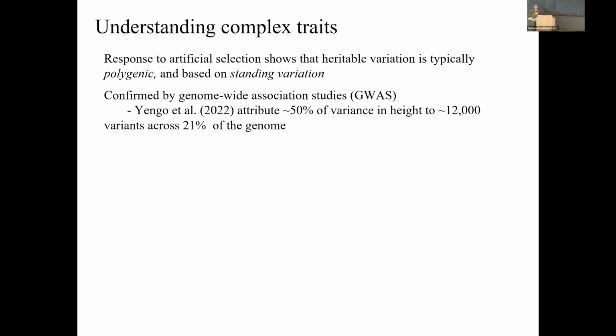And there have been enormous human genetic studies, not because people are interested in height so much as using it as a model for understanding disease risk, etc. And I think now even more of the variance in height has been assigned to particular genetic variants, single nucleotide polymorphisms. And this study I've quoted, I think even this is a bit out of date now, found that most of the variants could be attributed to at least 12,000 variants across at least 21% of the genome.